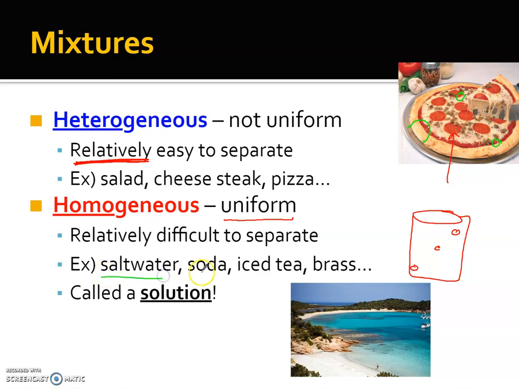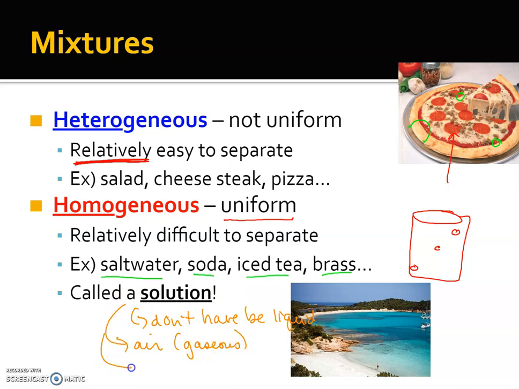All right, salt water, soda, iced tea, brass, they are all called solutions. And solutions don't have to be liquid. Okay, this is a very big misconception. All right, there are solutions of air, so you can have gaseous solutions.